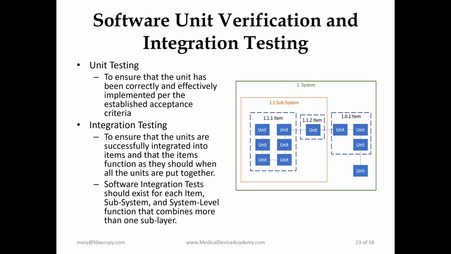And then for the integration testing, that's when you're combining different units and running operations to make sure that the units are successfully integrated into the items and that the items function as they should when they're put together. So for software integration tests, you need to have them for each item, subsystem, system level, and function that combines more than one sub-layer. So every time you see 2 things in a box or grouped together, whether that's an item, subsystem, or system, those are the levels at which you should be checking the integration.